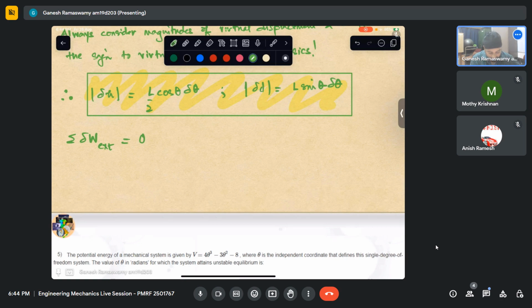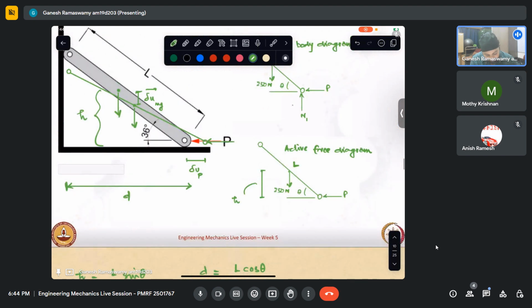So if I add up the virtual work due to mg, under the action of this delta theta, my mg, or 250 newtons, and the virtual displacement which is going down are both in the same direction, because I am considering the bar to be falling. So this will give a positive contribution.